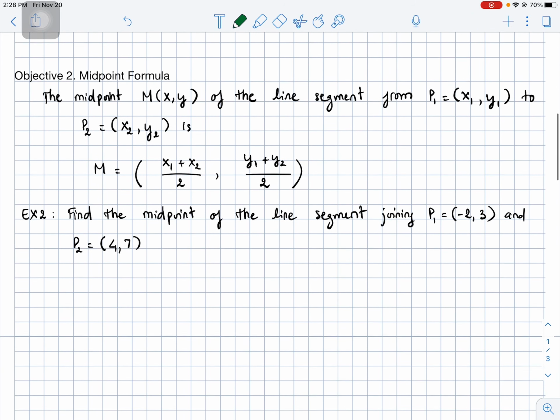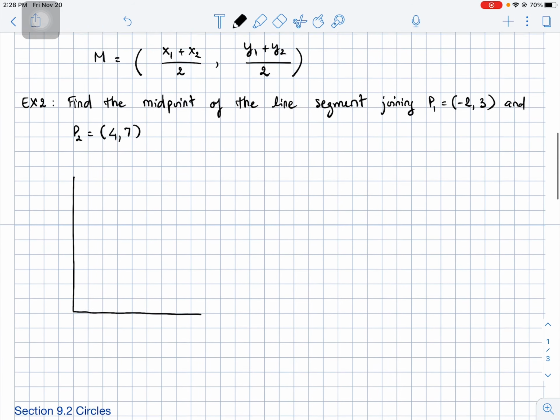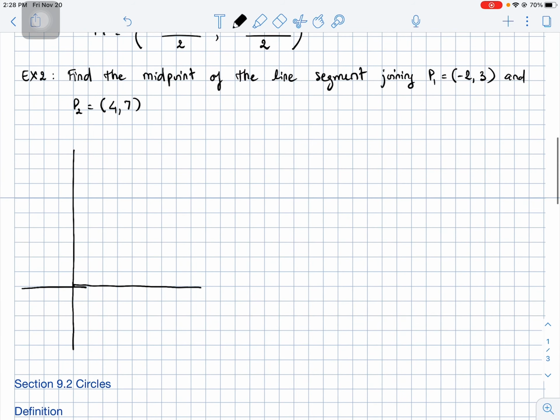Objective number 2: we want to find the midpoint. So let's draw a rough graph and plot the points. We have (-2, 3), which I'm going to call P1, and (4, 7), P2.